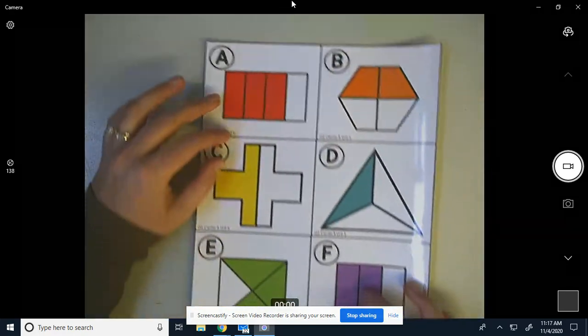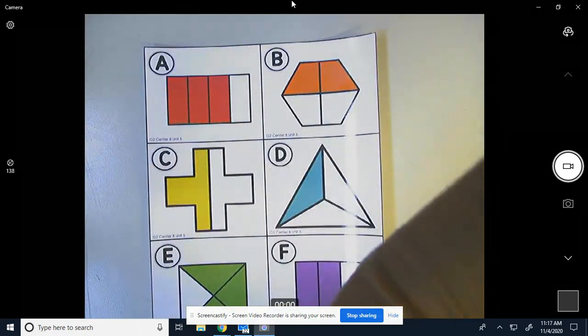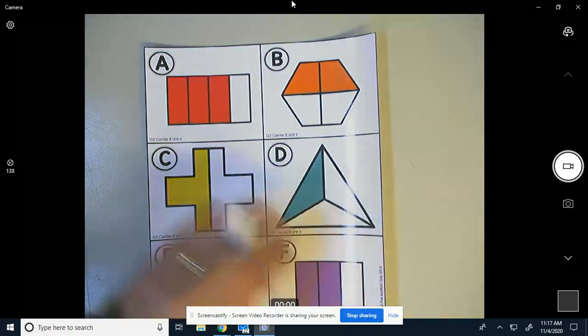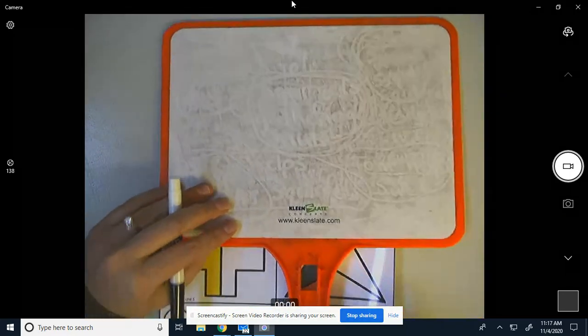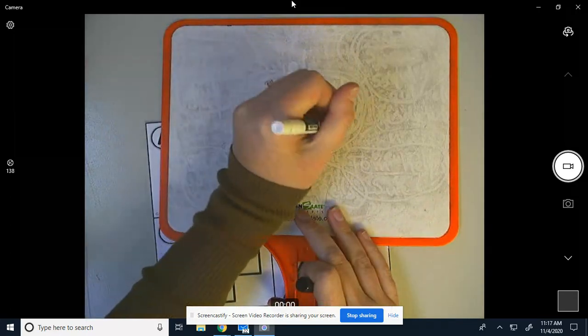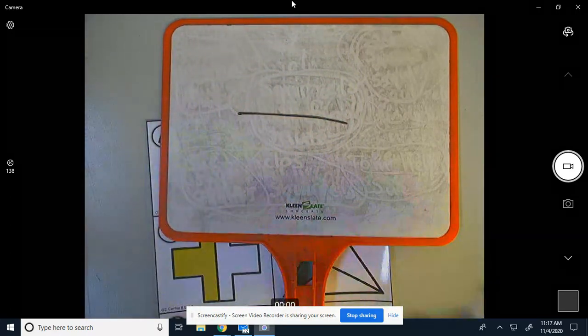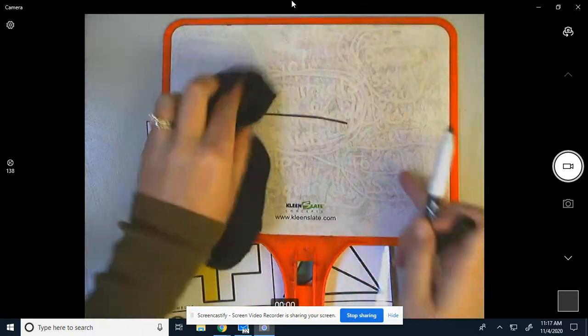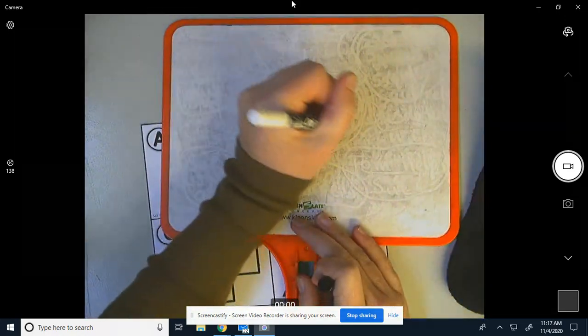Now, let's learn how to read some of these. Okay? So, fractions are really easy to read, boys and girls, if you know what's on the top and what's on the bottom. So with a fraction, there are a top and a bottom.